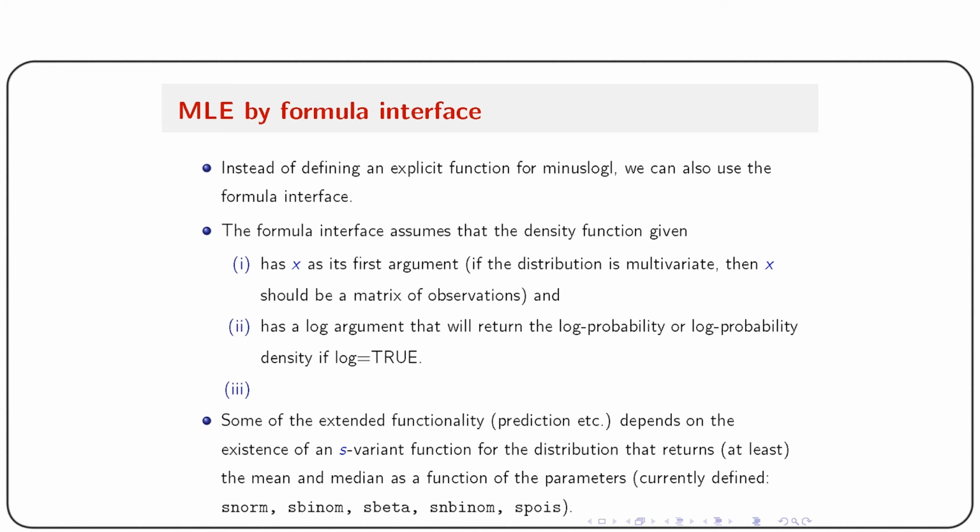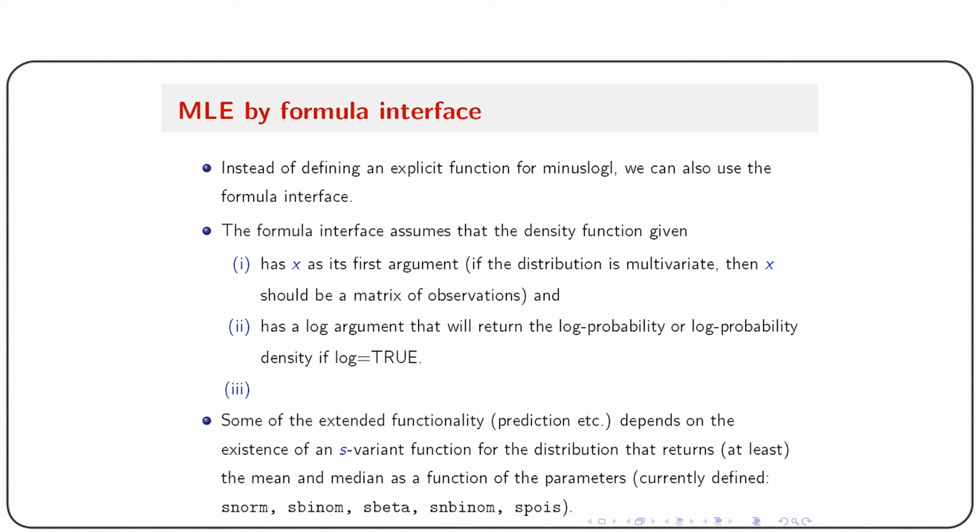Instead of defining an explicit function for minus log likelihood, we can also use the formula interface. The formula interface assumes that the density function given has x as its first argument. If the distribution is multivariate, then x should be a matrix of observations and it has a log argument that will return the log probability, or log probability density, if log is true.